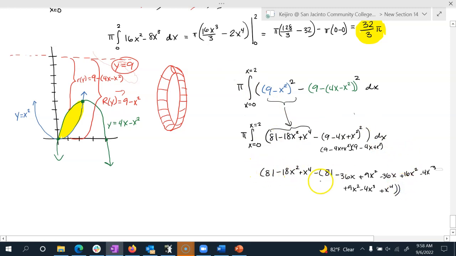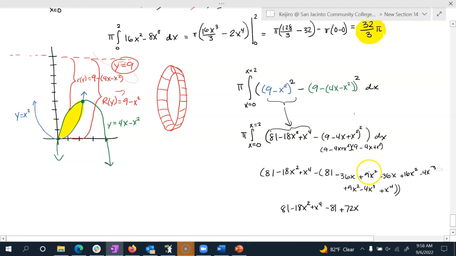This sucks, but okay. I'm just going to skip a couple of steps here. Minus 81, 36, 36, minus 72, so plus 72x.